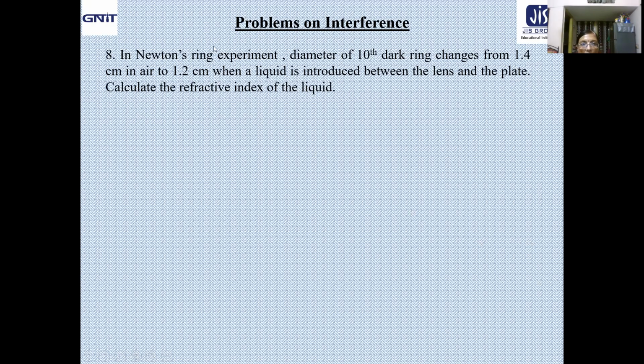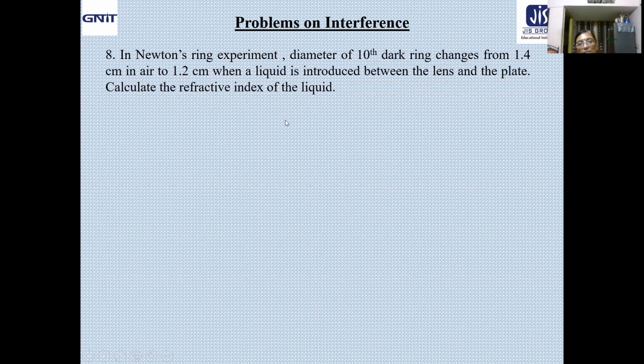Next question. In Newton's ring experiment, the diameter of the 10th dark ring changes from 1.4 centimeter in air to 1.2 centimeter when a liquid is introduced between the lens and the plate. Calculate the refractive index of the liquid.